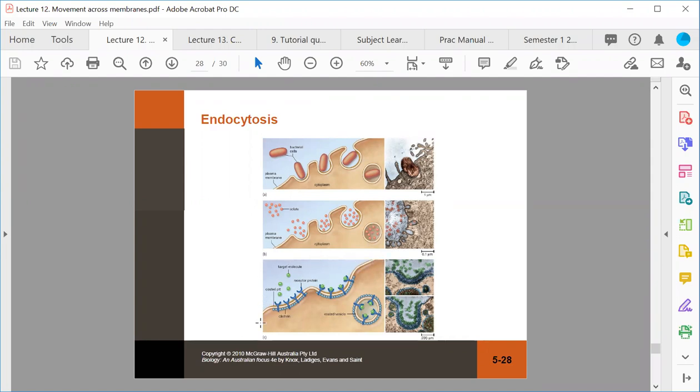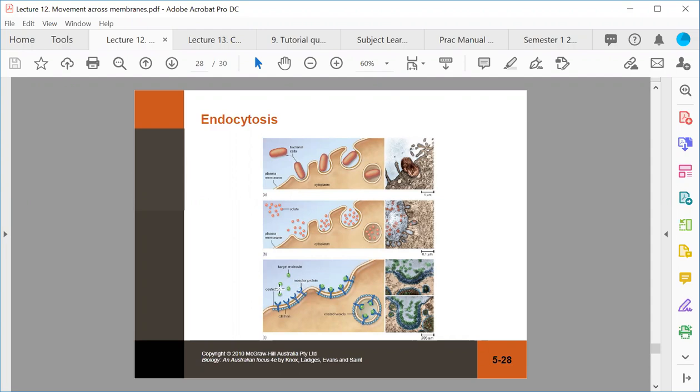But here's another example here. And this time, we're looking at a part of the plasma membrane where we have these blue proteins embedded into the membrane, and these proteins happen to be what are called receptor proteins.